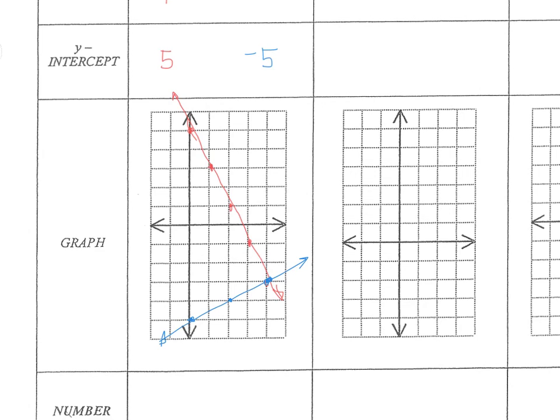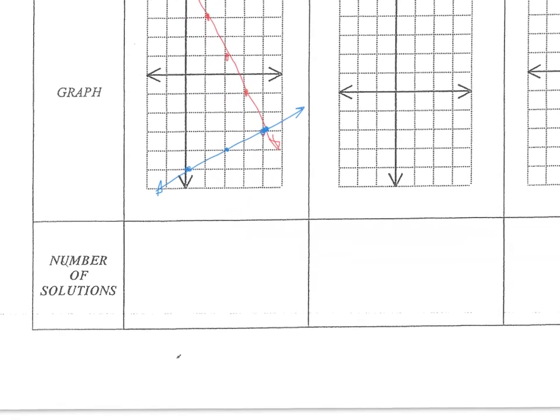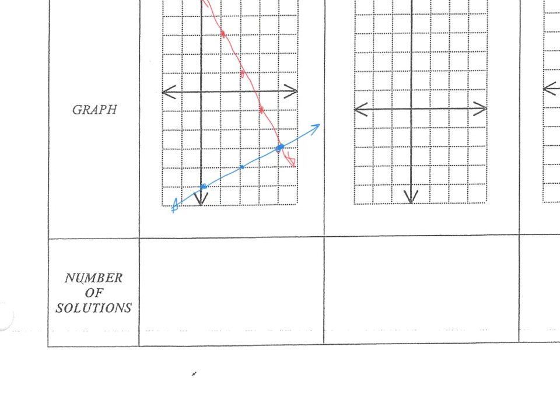So what you should be getting out of this is, how many solutions are there to this system? That's correct, there's one solution, and that's the point of intersection.